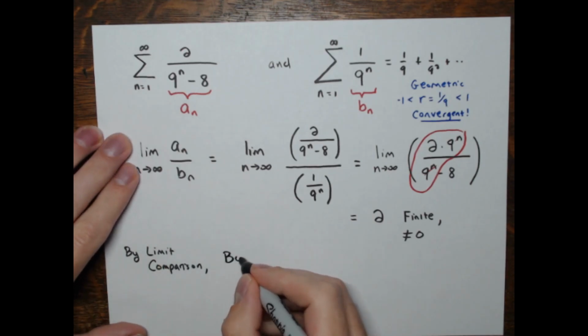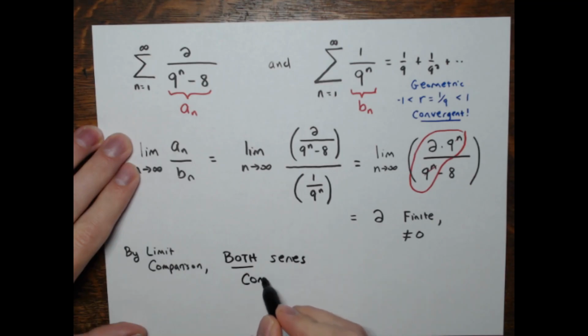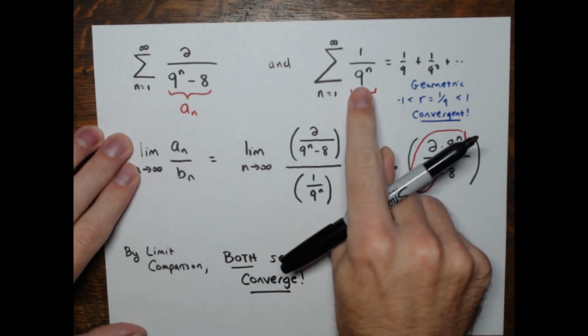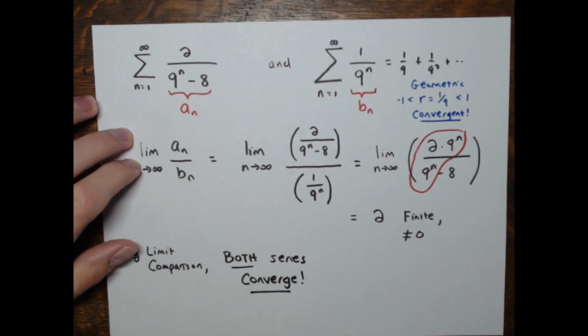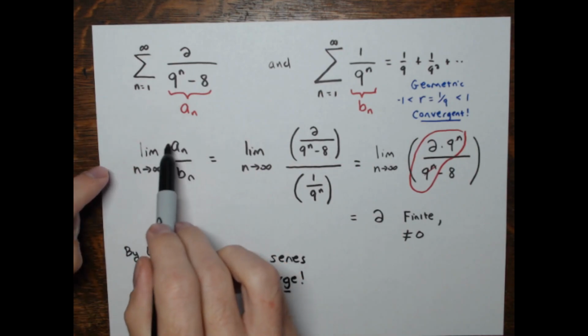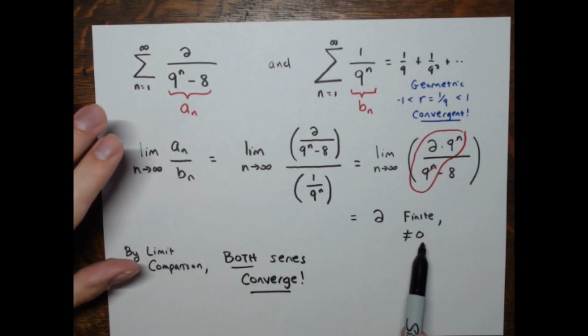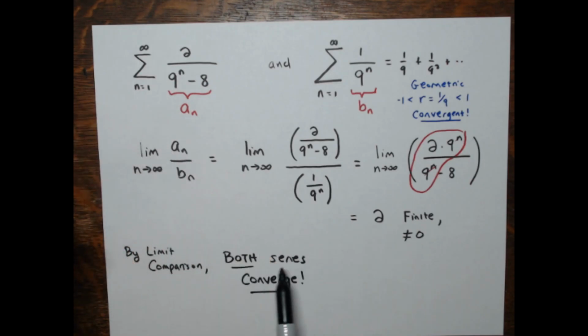So both series converge. Now, if this other series was divergent, I would say they both diverge, right? Again, if this limit of a sub n over b sub n, if this limit of these ratios is finite and non-zero, then both series are going to converge or both series will diverge. Okay.